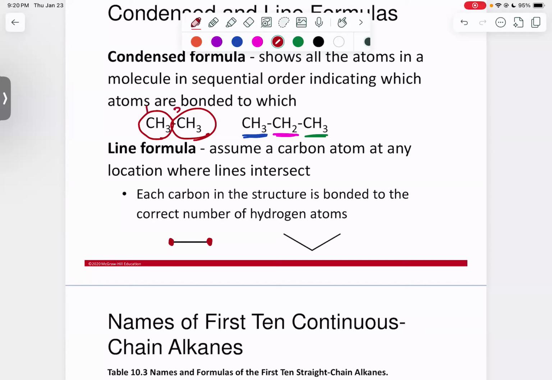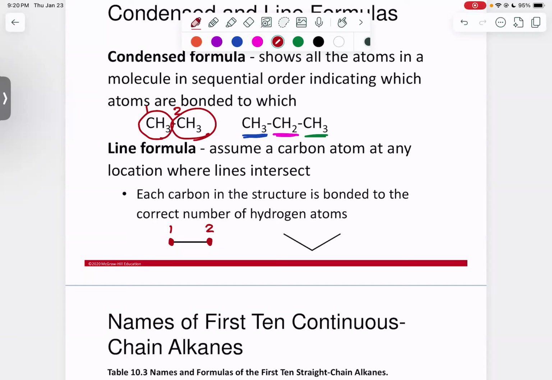So if this is carbon 1 and that's carbon 2, this is carbon 1, this is carbon 2. And we assume that each of the carbons has the maximum number of hydrogens needed to complete its octet. So we can assume that carbon 1 has 3 hydrogens and assume that carbon 2 has 3 hydrogens. So you just don't draw them.